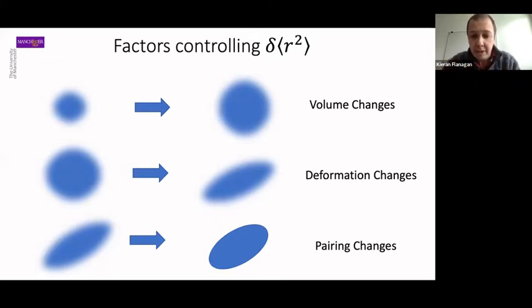So we would expect a volume change as we go across an isotope chain, and we would expect that to match the increase in the size of the nucleus associated with the increasing number of neutrons. We also are sensitive to the deformation changes and pairing changes.